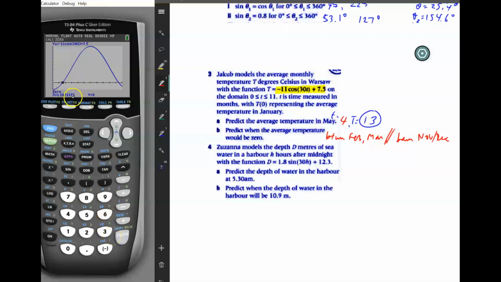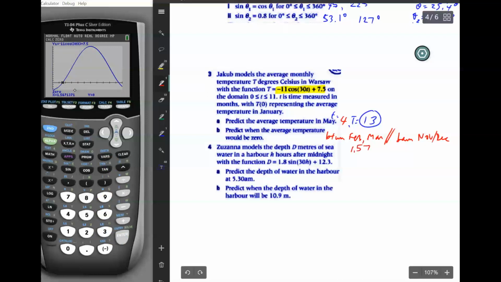And it says 1.57. Okay, so 1.57 gives you a more exact value about where exactly it is between February and March, right? Actually, I'm not sure exactly how they're doing it, right?